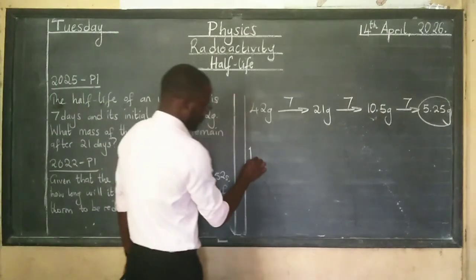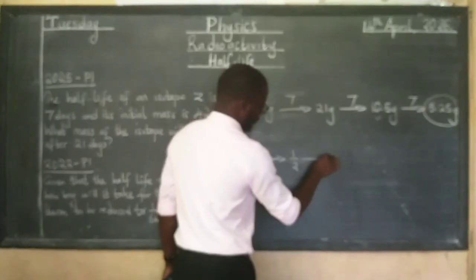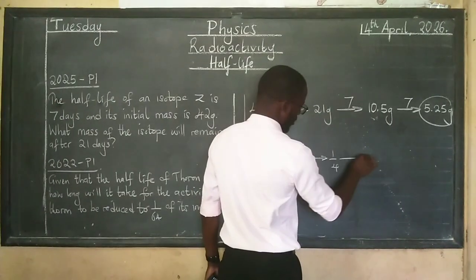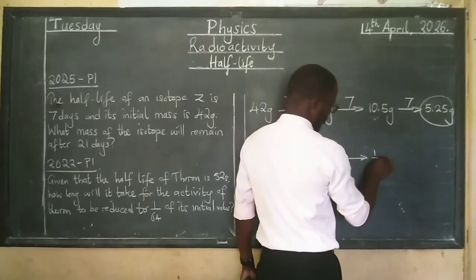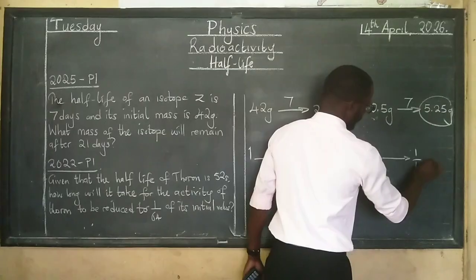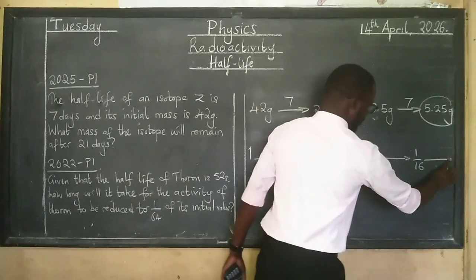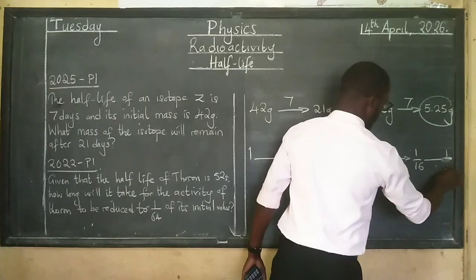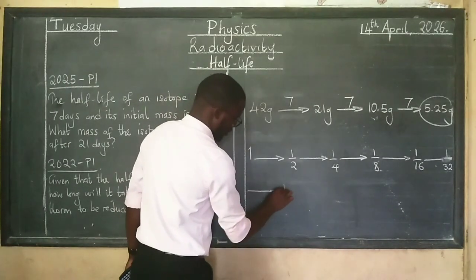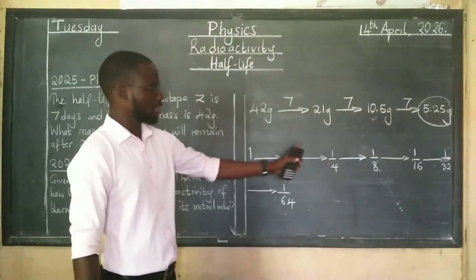Half, as usual, of 1 is 1/2. Half of 1/2 is 1/4. Half of 1/4 is 1/8, then 1/16, 1/32, and 1/64. So half of this is that, like that.